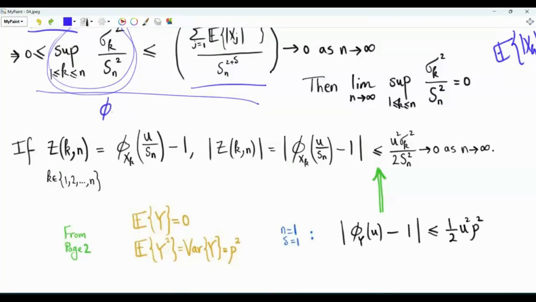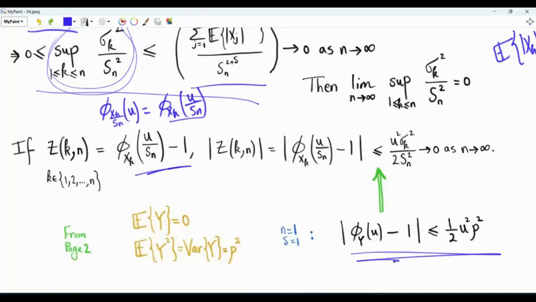Note the characteristic function of Xk divided by Sn, at u, is the characteristic function of Xk at u over Sn. If we take this characteristic function minus 1 and call it z of k comma n, where k is 1 or 2 all the way to n, then from page 2 we have this inequality, which is valid for zero mean random variables. In our case here, Xk is zero mean, and it has a variance sigma k squared. So this is the inequality that we had earlier.